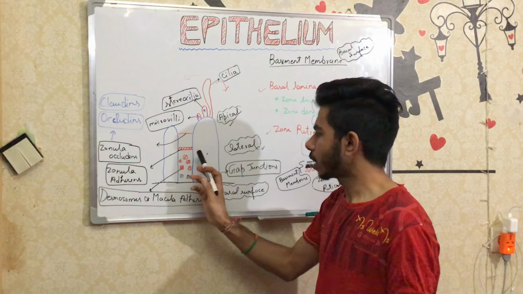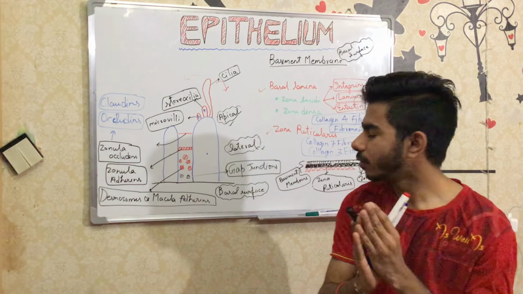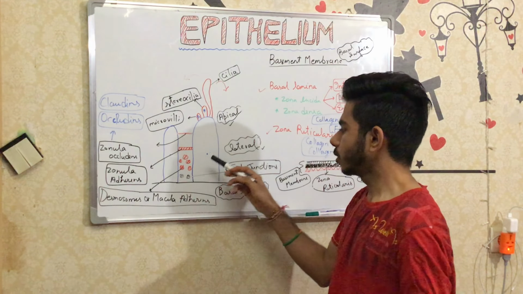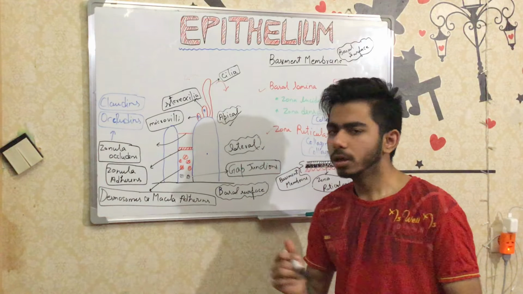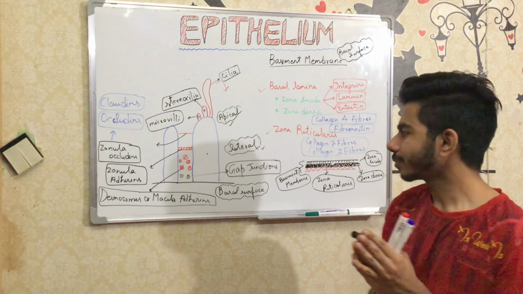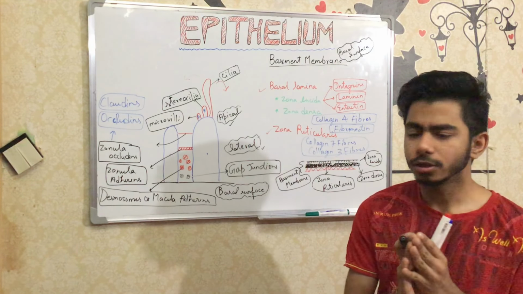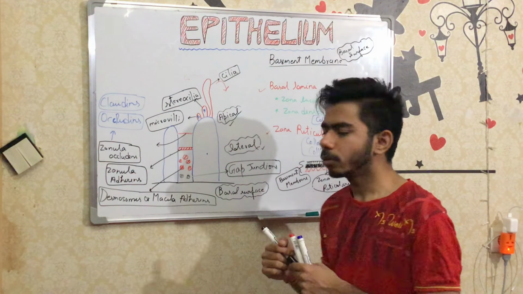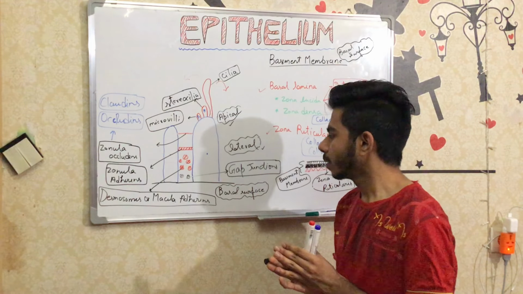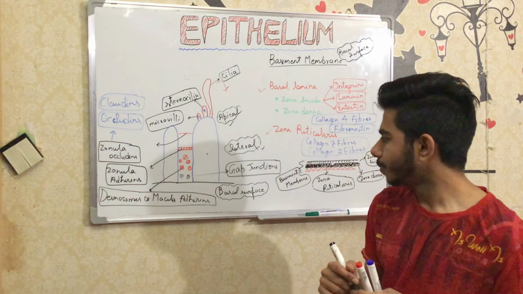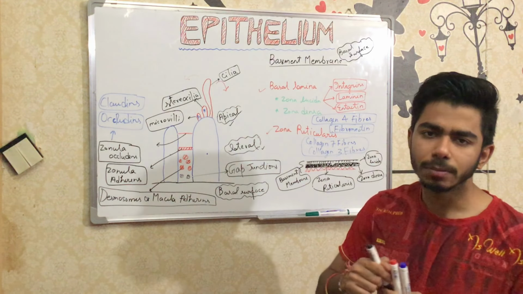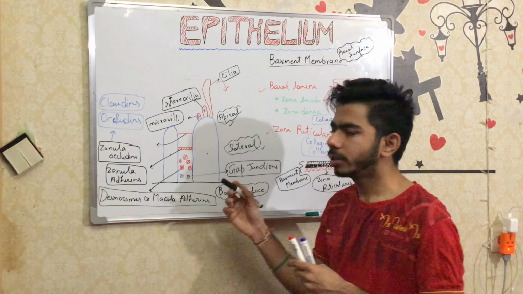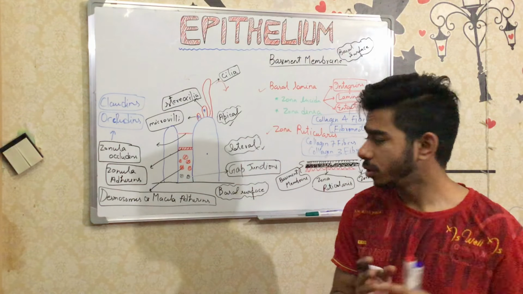These proteins help them to bind with each other very strongly. Further, we have the desmosomes or macula adherens, which also help these epithelial cells bind to each other, and gap junctions, with the help of connexin proteins, and with the help of some sodium ions, calcium ions, and cAMP, so that these epithelial cells can interact with each other.